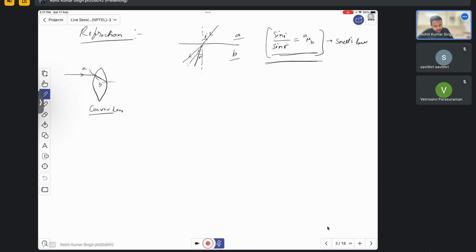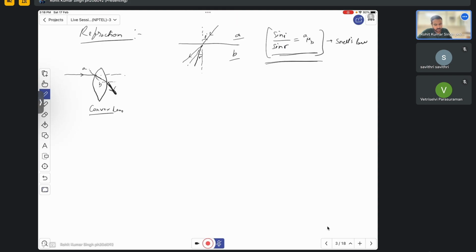So it will bend again to this side, right? See what is happening, the ray that was going like this has now followed this path, right?